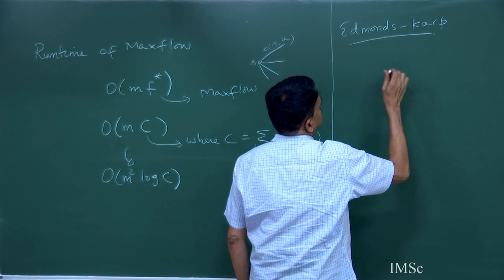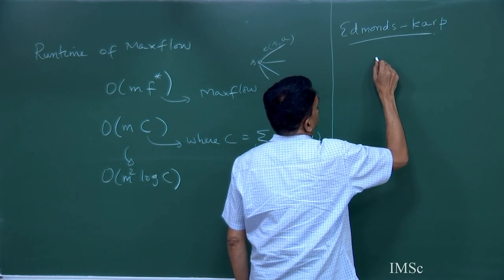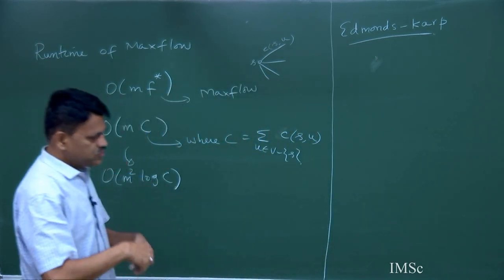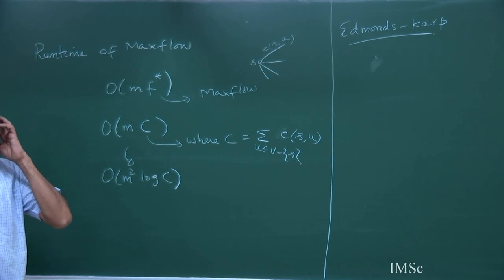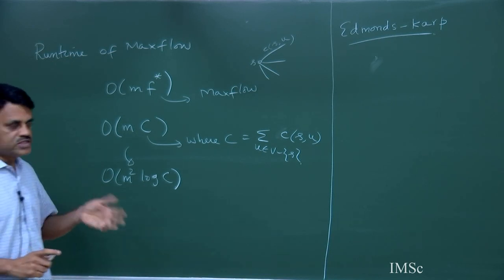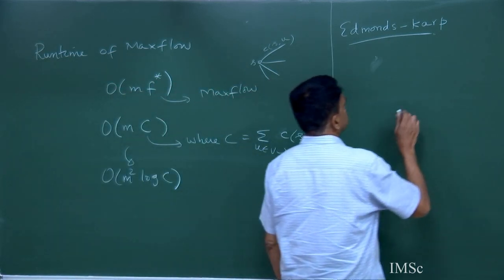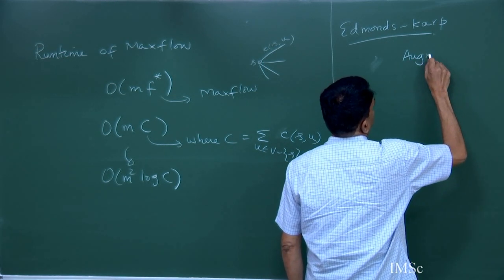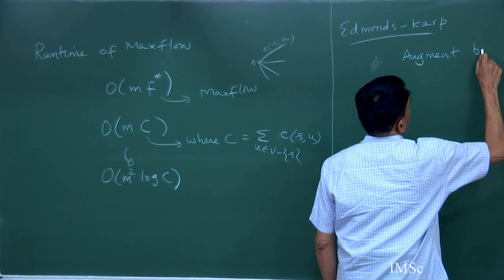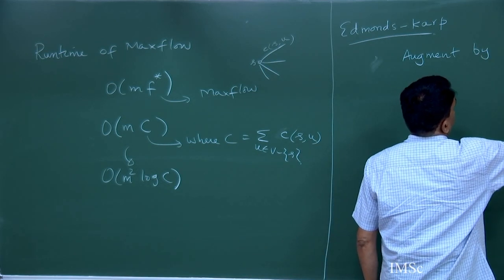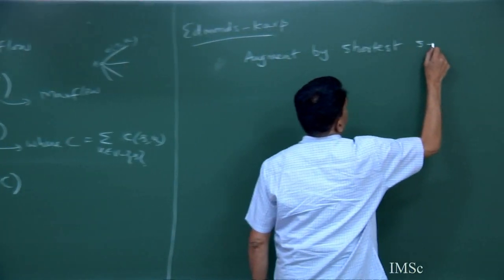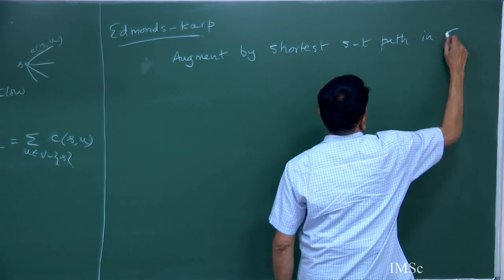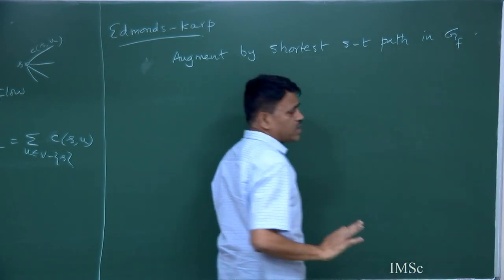And the idea is simply, the Ford-Fulkerson algorithm says find an ST path in the residual graph. Instead, we are going to say find the shortest path. That's all. That's the only thing we're going to do.